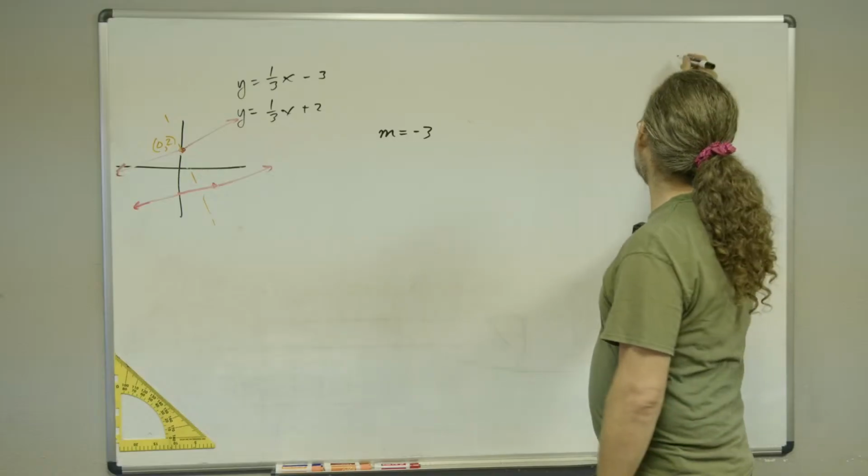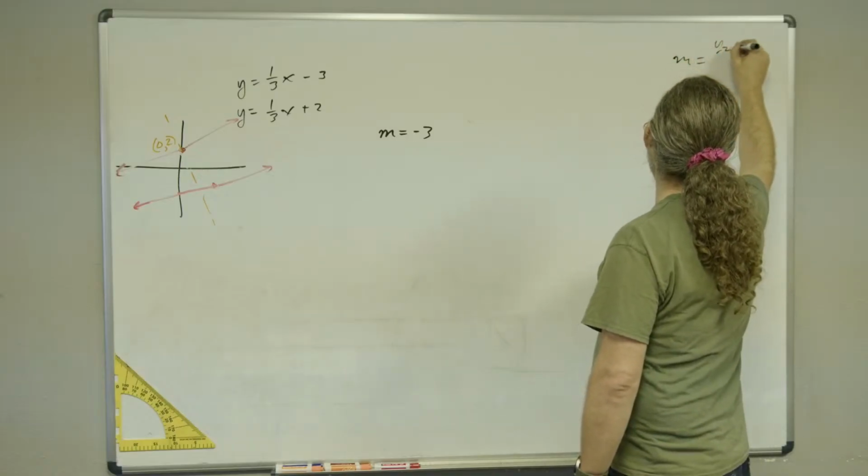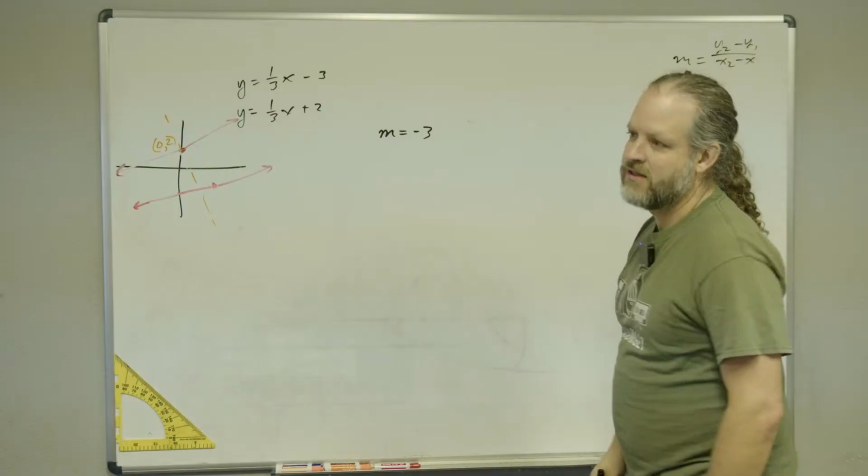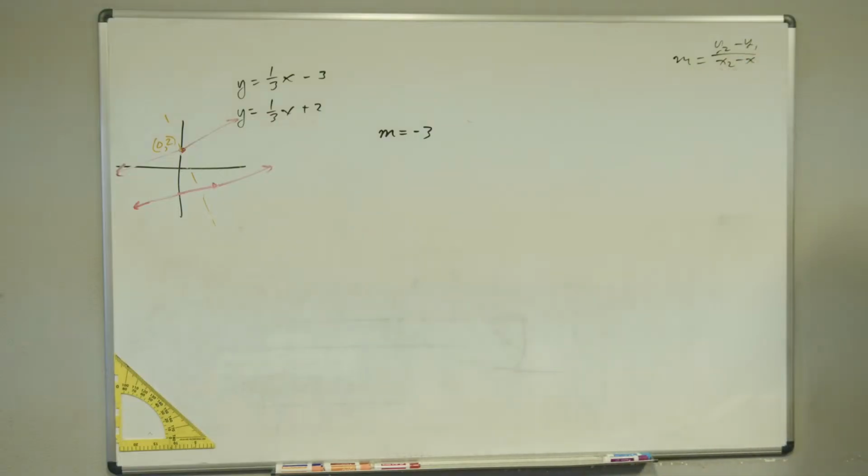The slope formula is m equals y2 minus y1 over x2 minus x1, which is probably not going to help us, right? Point slope. We could use point slope.